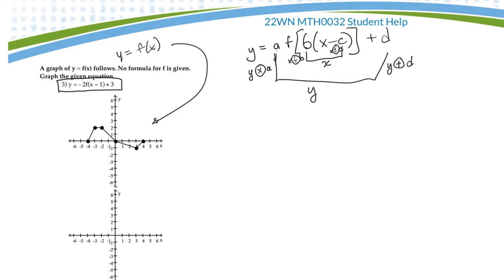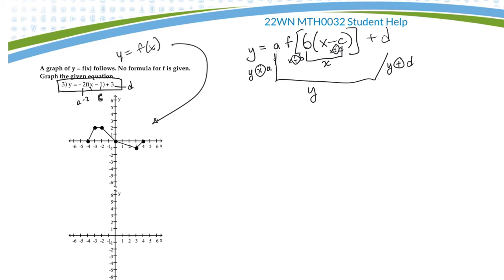Okay, so let's identify what we have for a, c and d. It looks like a is -2, and there's no b value, or b is 1, so that's no change. But the c value is +1, and remember it's opposite of what you think. And this is our d value.